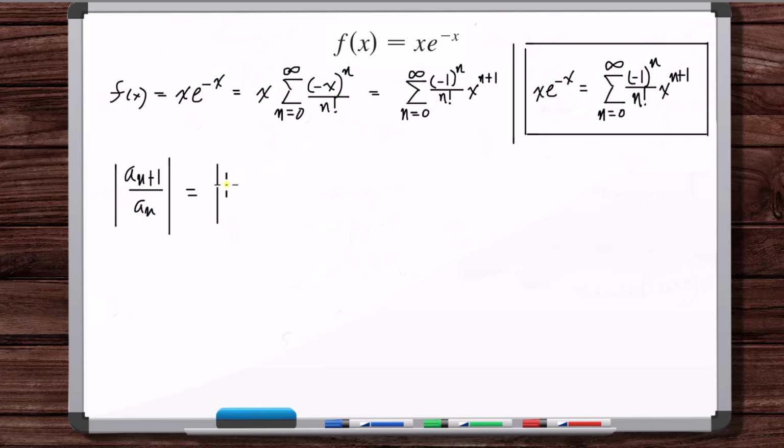The minus 1 to the n goes away. n plus 1 is n plus 2, so x to the n times x squared over n plus 1 factorial, which is n plus 1 times n factorial, times n factorial over x to the n times x.